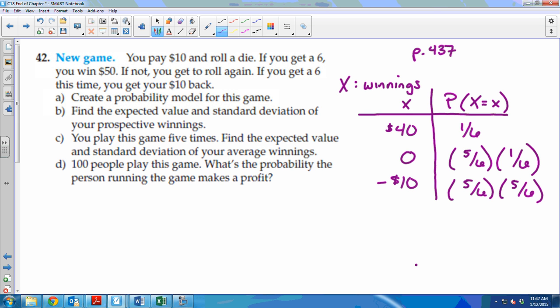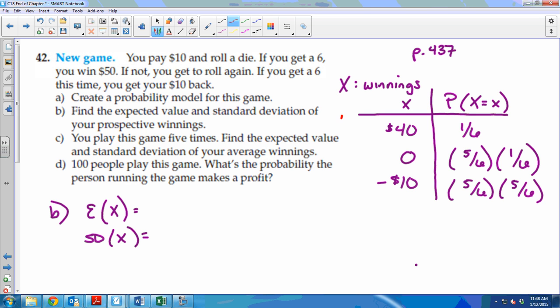Now, part B says to find the expected value and standard deviation of your prospective winnings. So how do you find expected value? Multiply your winnings by the probability. And then standard deviation, there's that big formula. Or you could find both of these by using your calculator. So what do you do in your calculator?